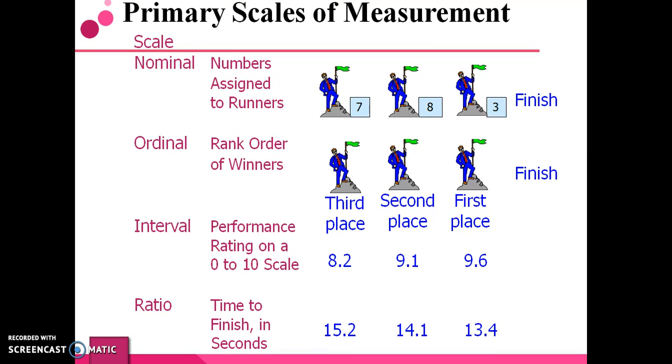Primary scales of measurement consist of nominal scale, ordinal scale, interval scale and ratio scale. They are further grouped into two major categories, parametric scales and non-parametric scales. The non-parametric scales are nominal scale and ordinal scale, whereas the parametric scales are interval and ratio.